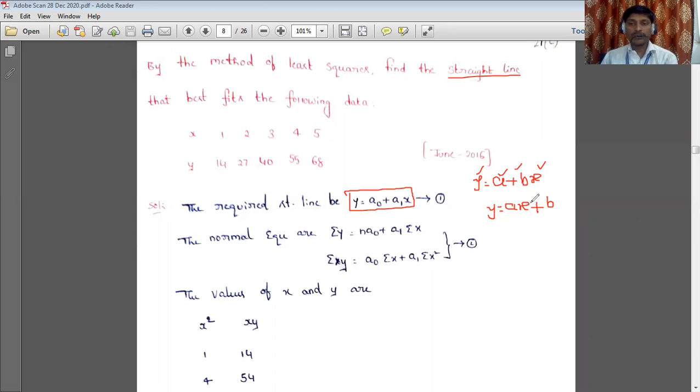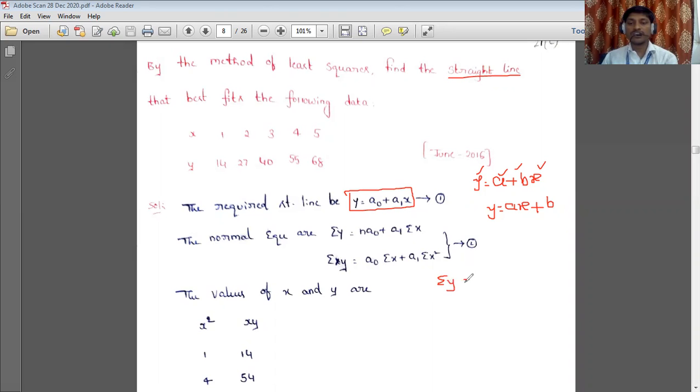Now, next we have to write the normal equations for fitting a straight line. Based on the form you chose, we have to write them. Don't learn them by heart. How can you write this simply?